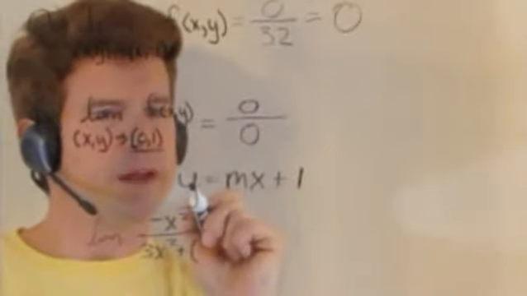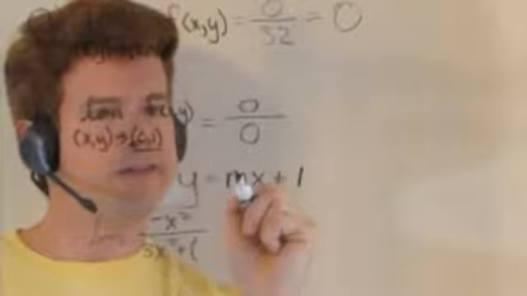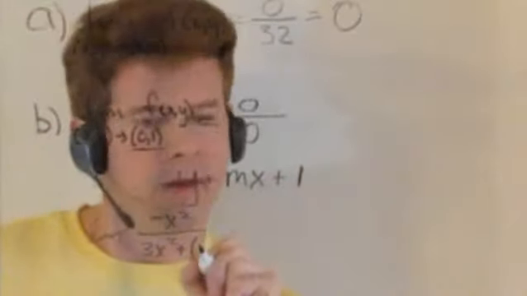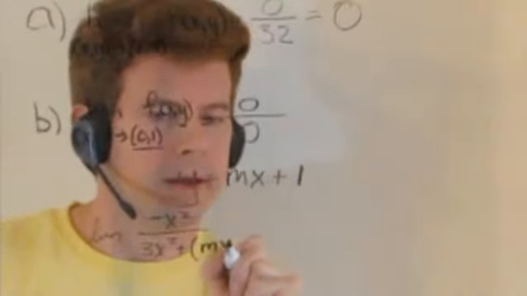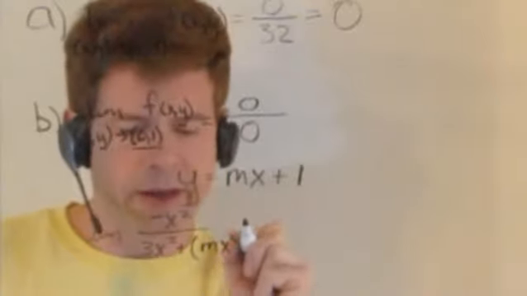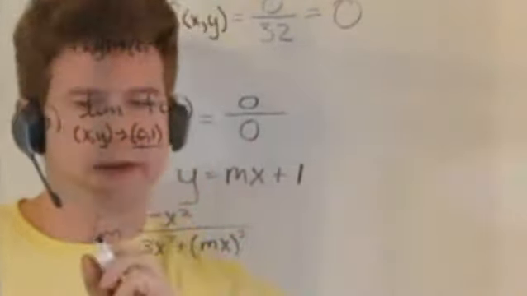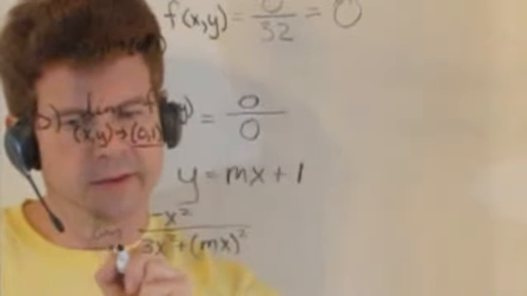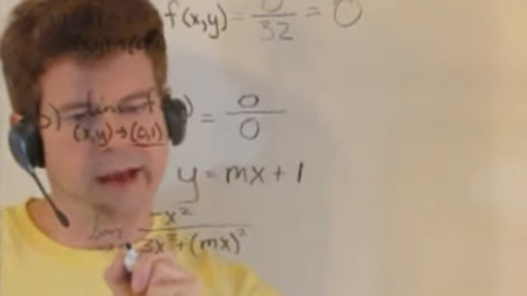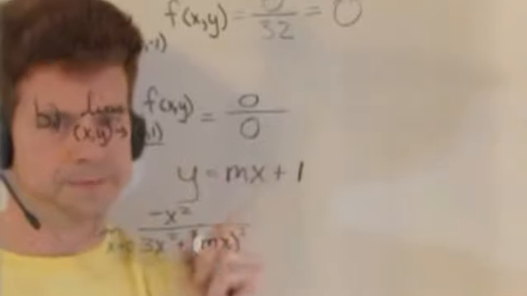Well, that simply replaces out. Y minus 1 is equal to mx, and that quantity is squared. This is going to be evaluated as x approaches 0.